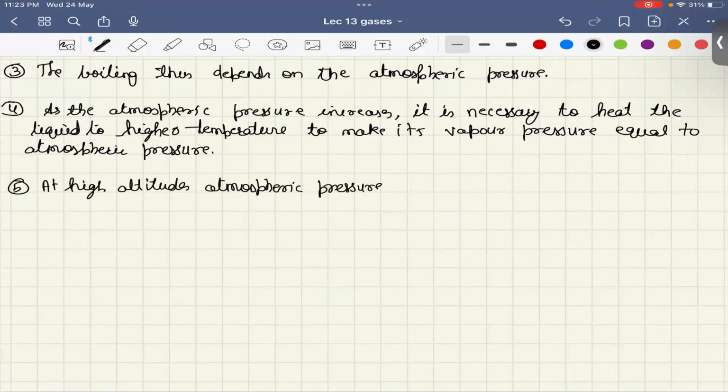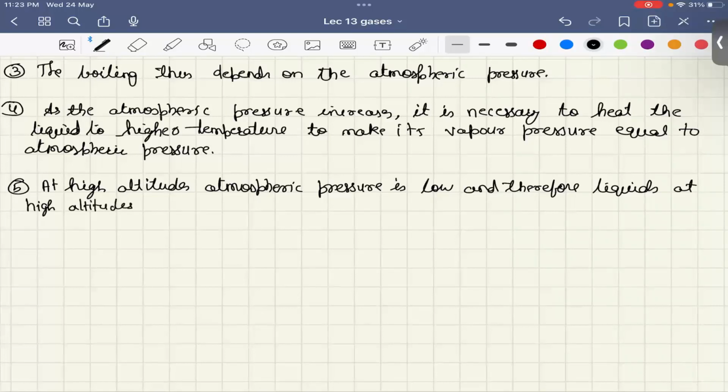Atmospheric pressure is low, and therefore liquids at high altitudes boil at lower temperature in comparison to sea level.